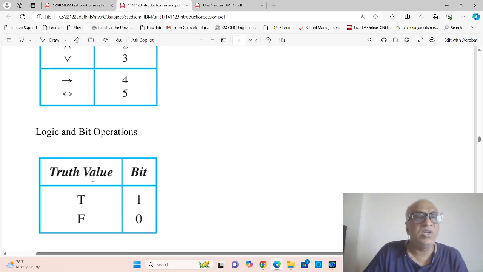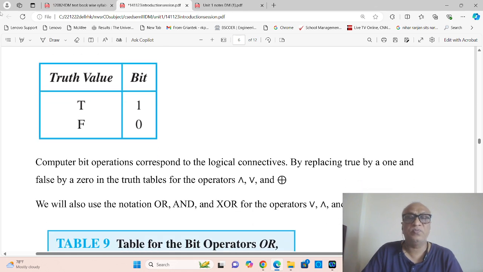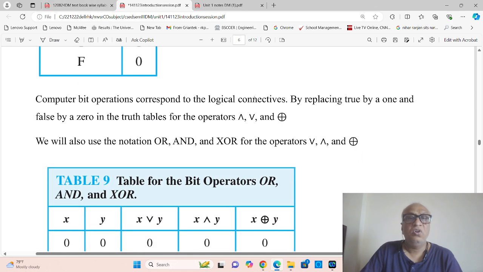Now these true and false values in logic, if you want to represent in bit form, true is given as 1 and false is given as 0. We also know that OR, AND and XOR can be used as connectives, also called logical connectives, and these symbols can be represented like this.